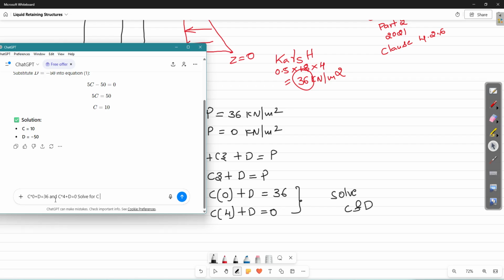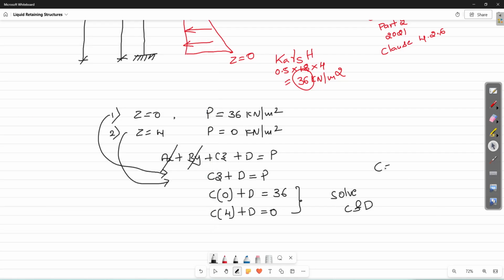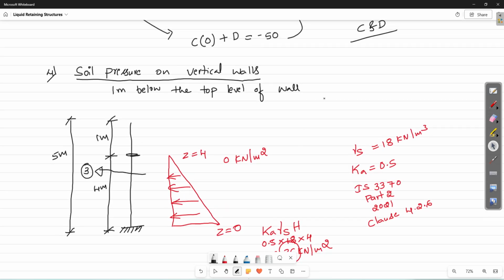So solve for C and D. Your C is -9 and D is 36 here. So these are the constants for this case: C is -9, D is 36. Okay. So now we shall see how to apply these constants.